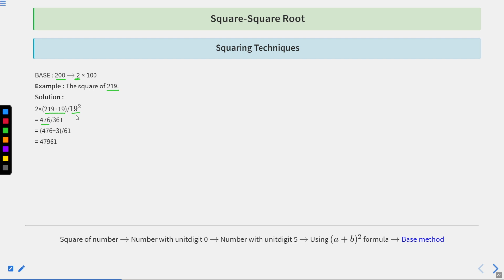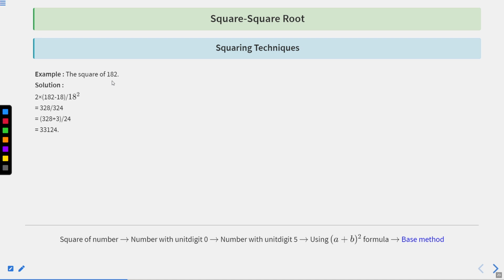Okay, and now 19 square is 361. But we only need 2 digits. So we'll take 3 and add it to 476, which will be 476 plus 3 and 61. And 476 plus 3 is 479, and remove the slash sign and it will be 47961. So this is the square of 219.